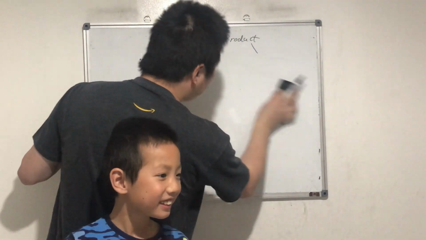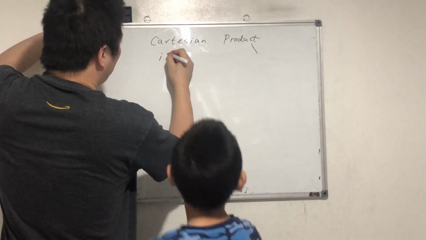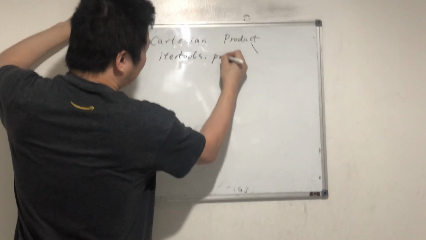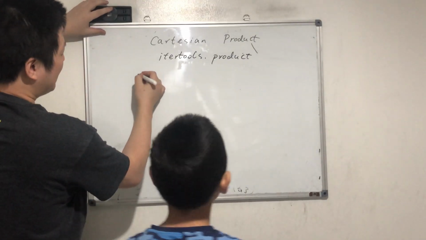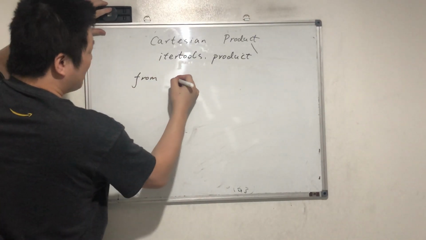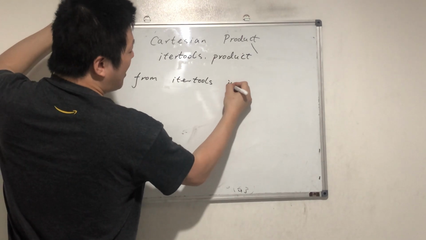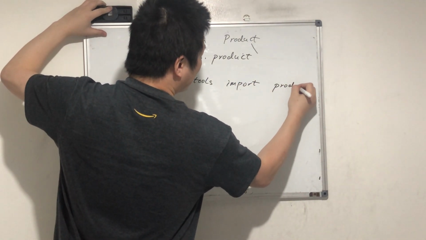So in Python we have this. You have the itertools, the iterator tools. Product does this exactly. So you can do from itertools import product, and then we can use this product function.